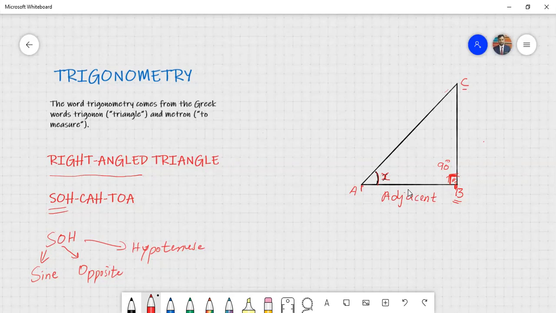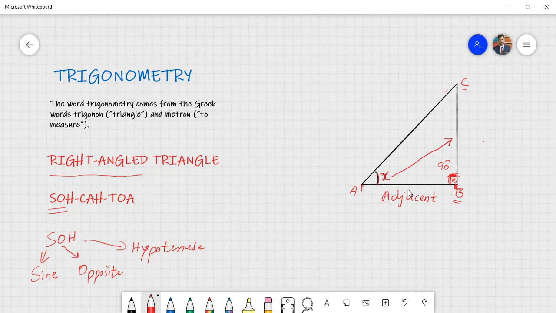Now, second thing, what is the opposite? The side opposite to the basic angle X is known as opposite. You can write x, theta, or any other letter to express the angle.